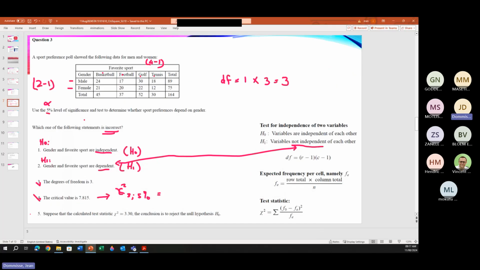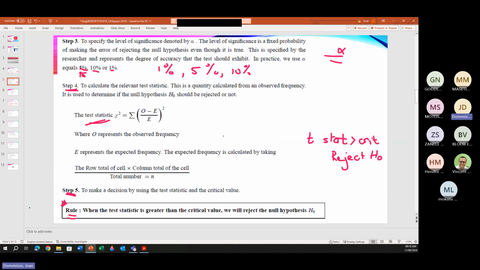And then the last one, suppose that the t-stat is 3.3. Okay, so quickly, what did we say?